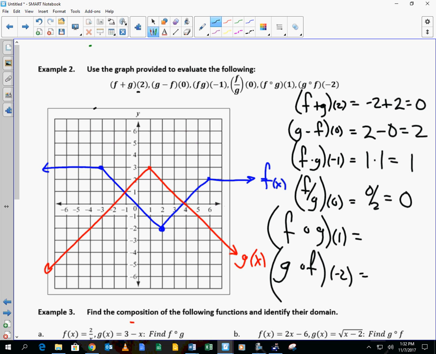f divided by g of, or I'm sorry, f of g of 1. Now here's where we get to a new part. So what do I do first? Right, g of 1 is positive 3, right? So once I find that output, what do I then do? I create that as an input for f, and I get negative 1.